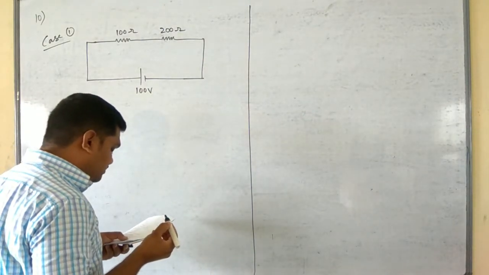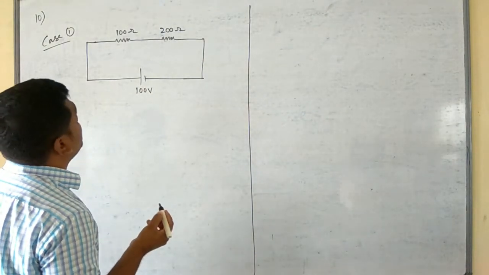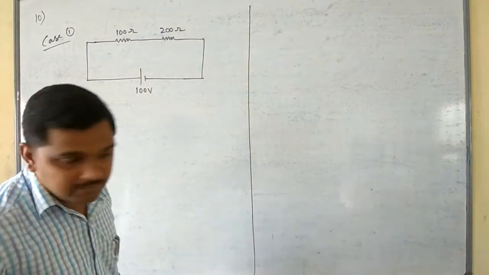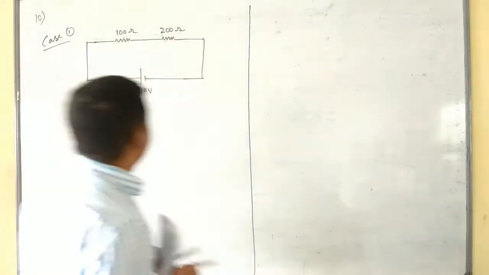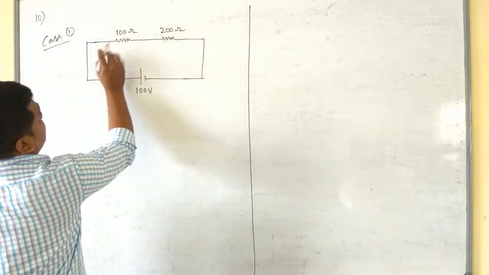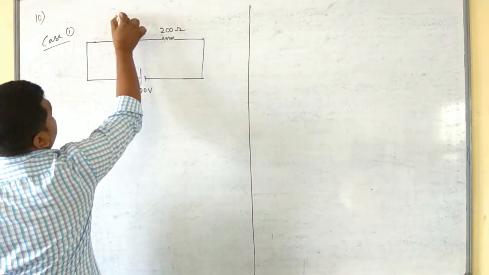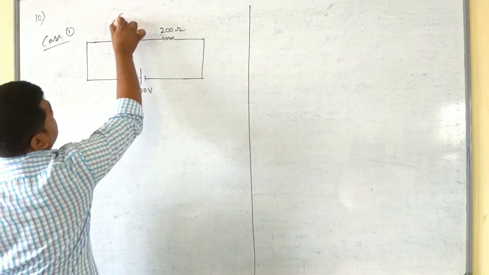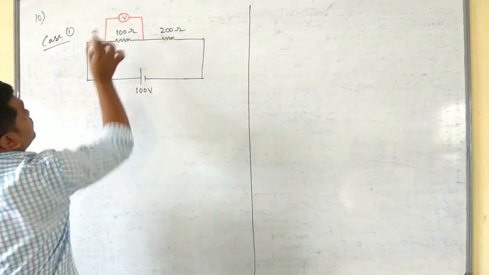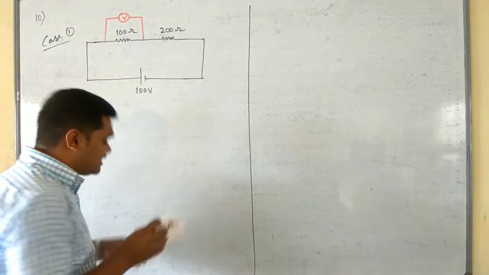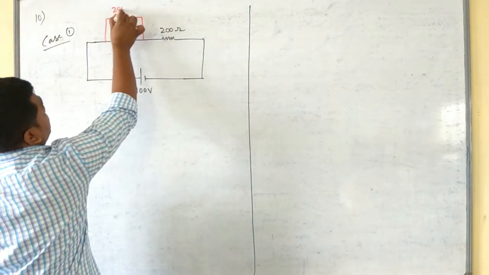A moving coil voltmeter of resistance 200 ohm. In the first case, the voltmeter is connected across the 100 ohm. The resistance of the voltmeter is given as 200 ohm.